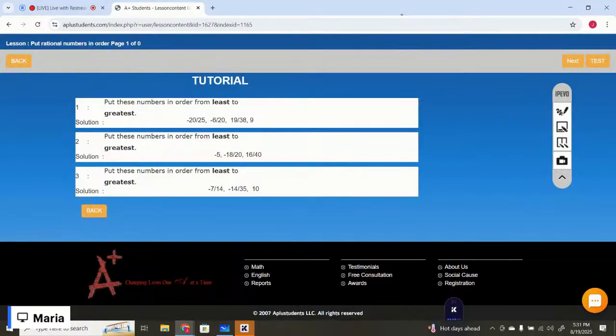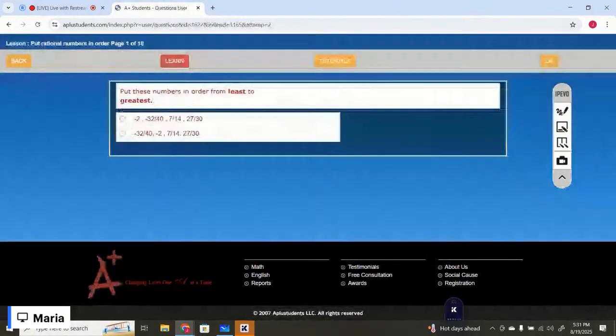Let's just start with the test questions. Put these numbers in order from least to greatest. Option number 1 is the correct option.